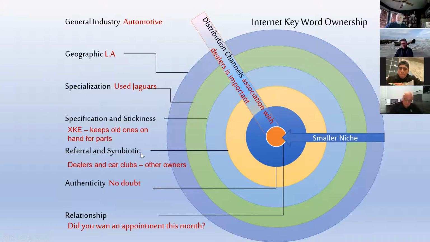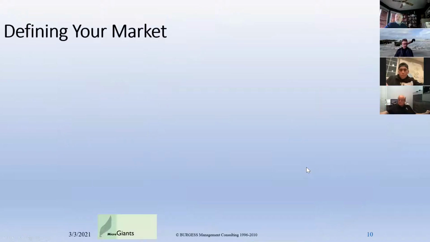These are all in my book, by the way, if you want a longer dialogue about it. Referrals and symbiotic differences, authenticity and relationship. These begin to be all of the ways that we create a very, very small niche for ourselves. And you want to ask yourself, how does your product break down in terms of these key issues in terms of developing a smaller and smaller niche.